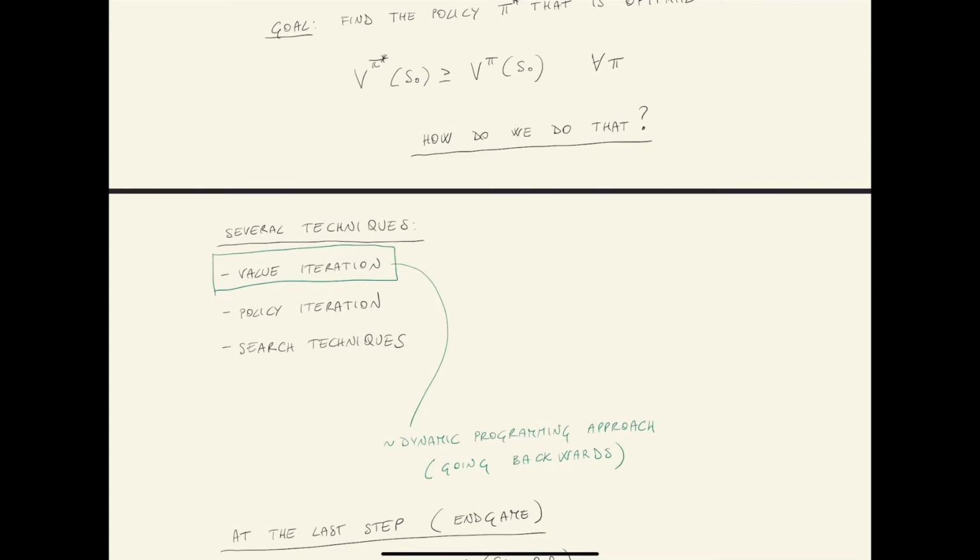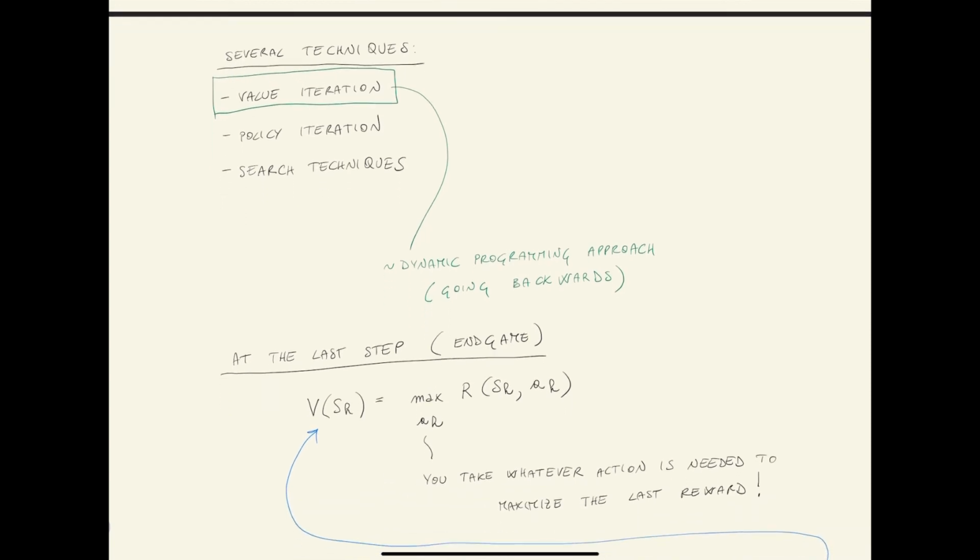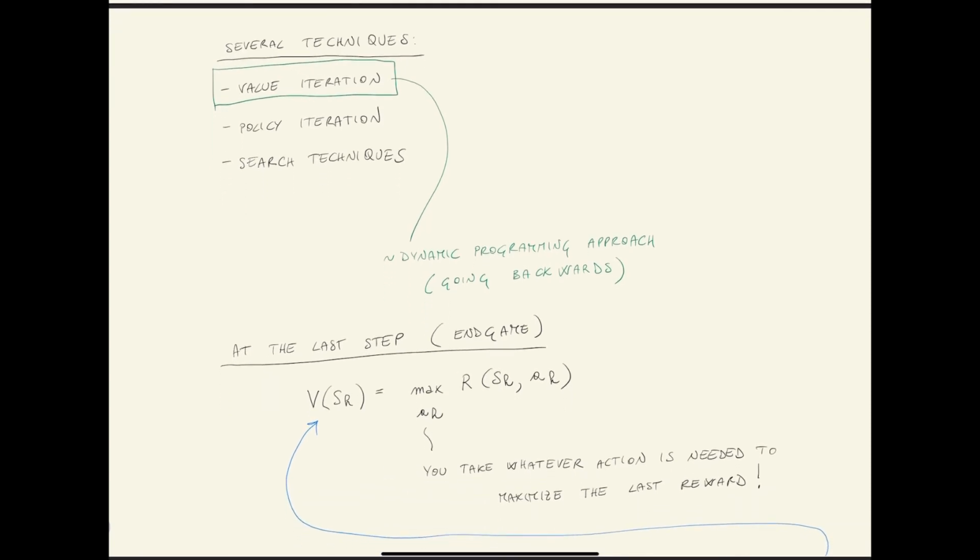The game is over in the next step. So what do we do? The best thing that we can do is maximizing the reward for that last time step, because it's the last time step. So the best action that we can take is the action that maximizes the reward for that very last time step that remains to us.